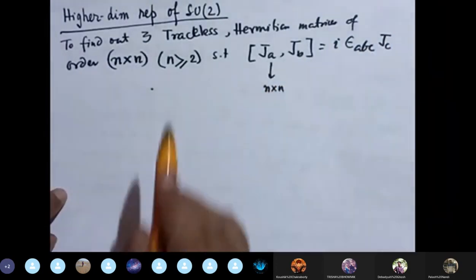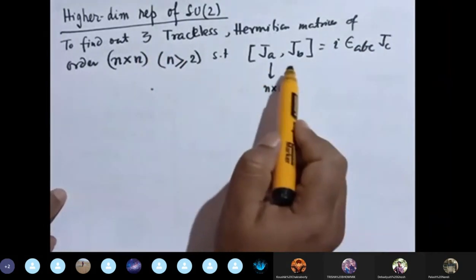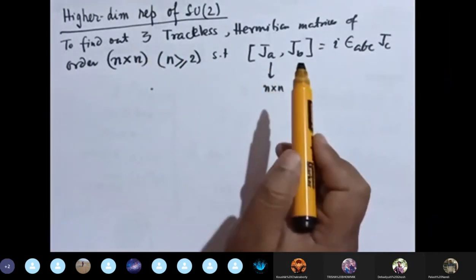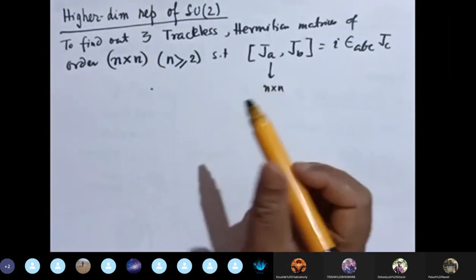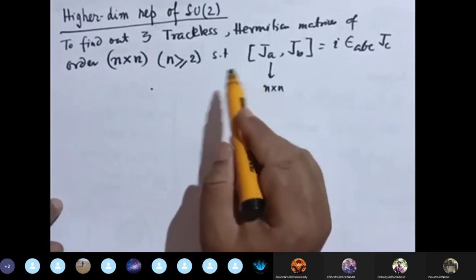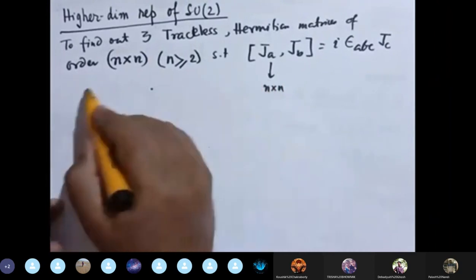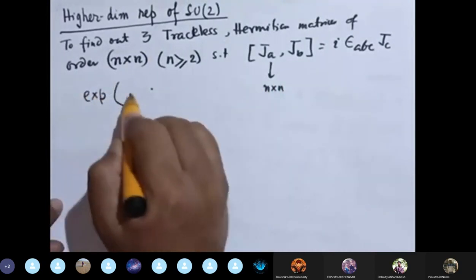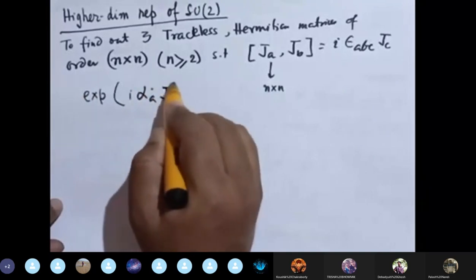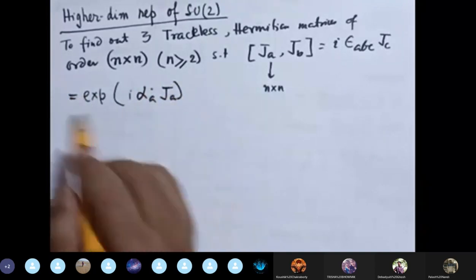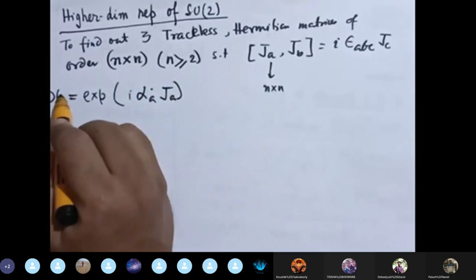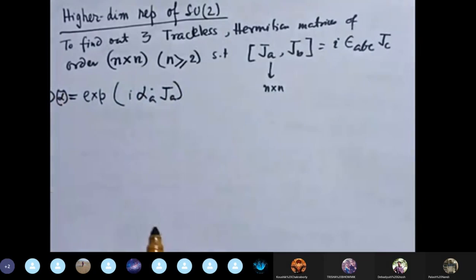If we can find these three matrices, then we have found a higher dimensional representation of SU2, because any element constructed in this way will be a representation of SU2, but in higher dimension. Clear?